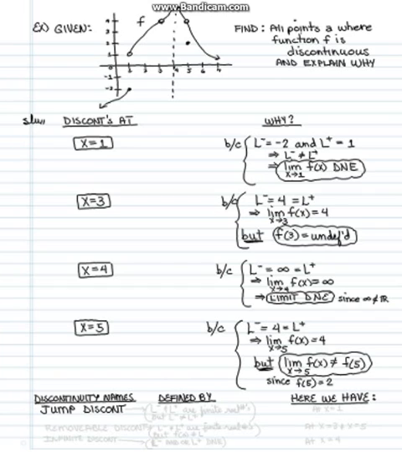It's defined by the left limit and the right limit equaling finite real numbers, but they're not equal to each other. The left limit does not equal the right limit. That causes a jump in the graph. And that's the example we saw when x was equal to 1 on the graph. That was a jump discontinuity.